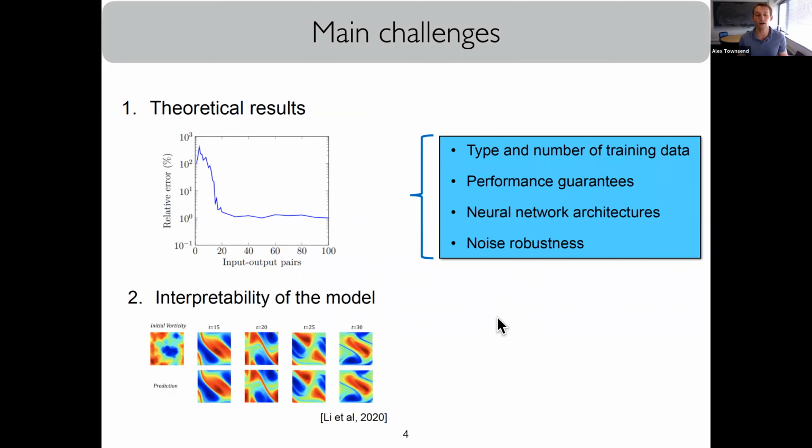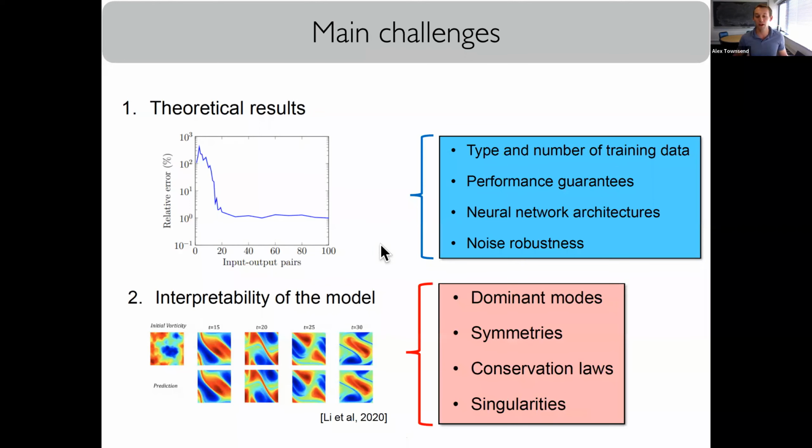And once you've discovered this solution operator, a lot of the neural net approaches are good at prediction, like predicting a new u given a new f. But is there any way to interpret these models?